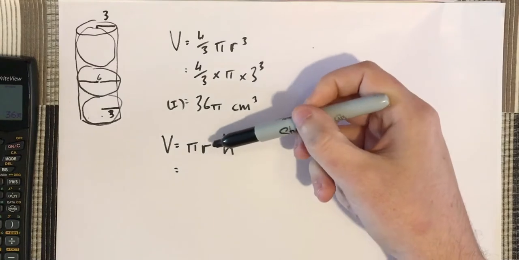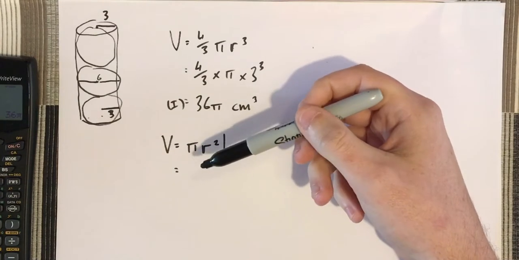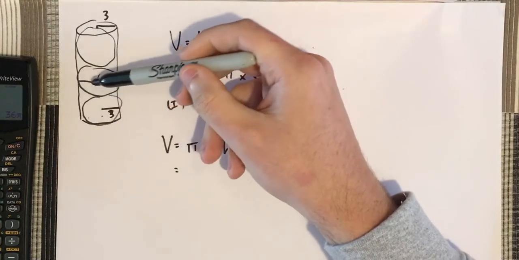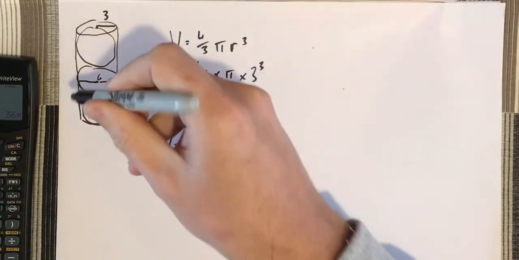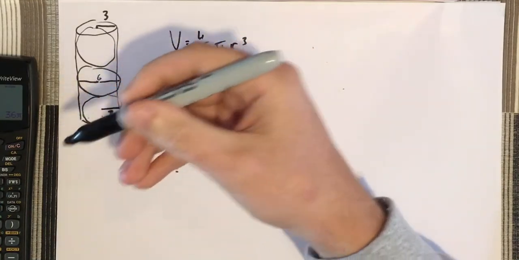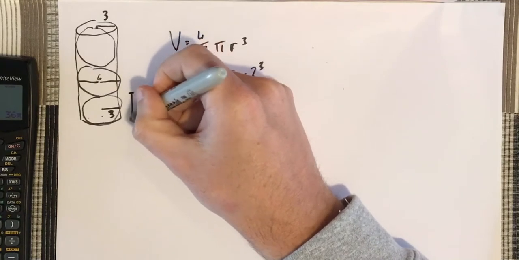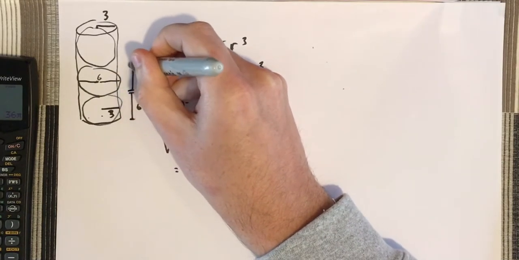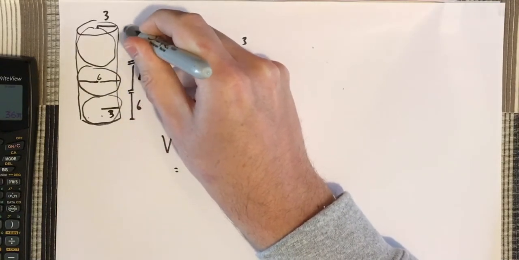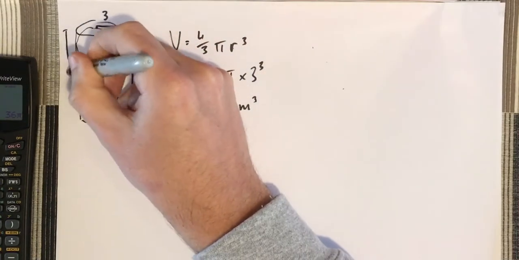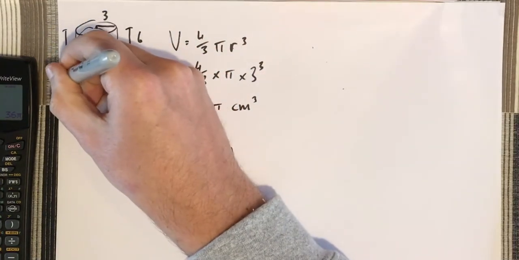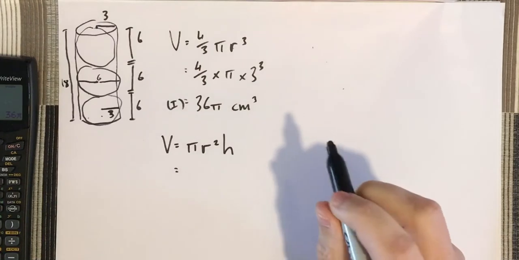I need the height of the cylinder as well. Well, the diameter of each of these tennis balls is 6 centimeters, so basically each one is 6 centimeters tall, almost. So that's 6, and that's 6. So overall, the height must be 18 centimeters.